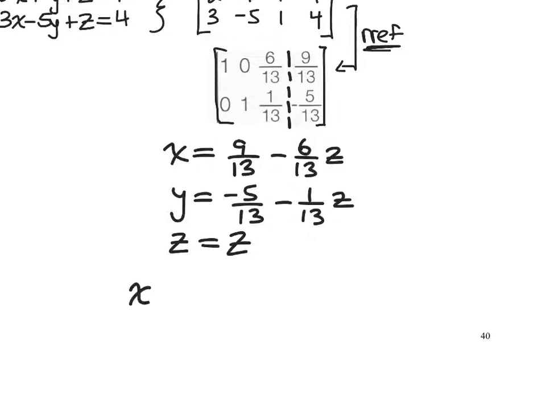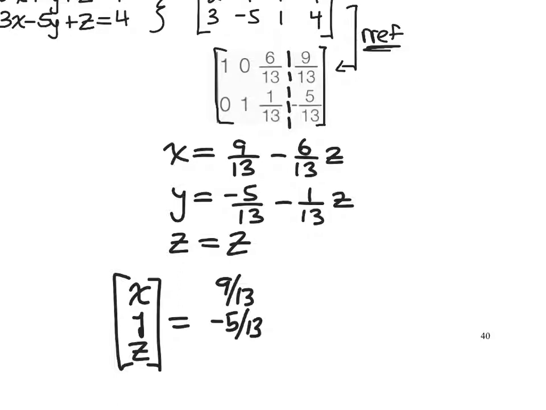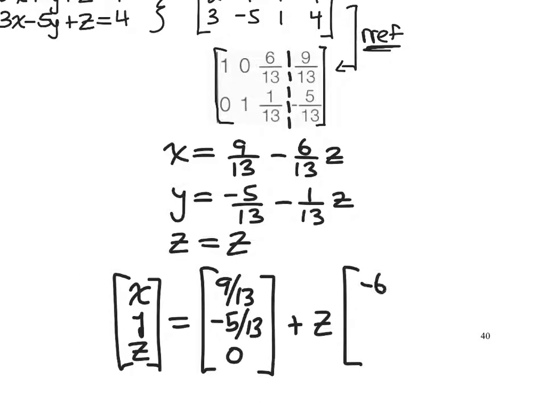So I would say x, y, z is going to be 9/13, negative 5/13, and 0, plus z multiplied by negative 6/13, negative 1/13, and 1.